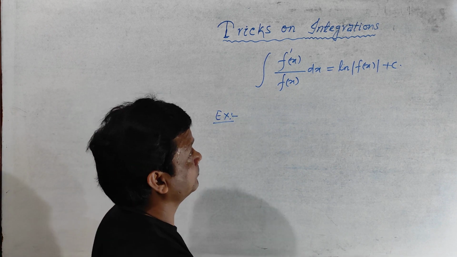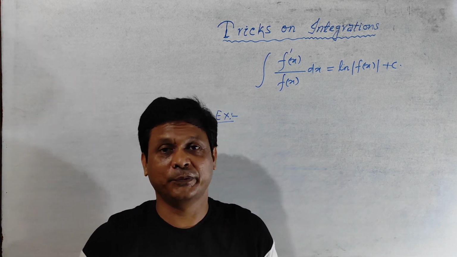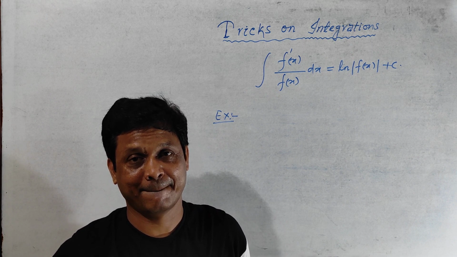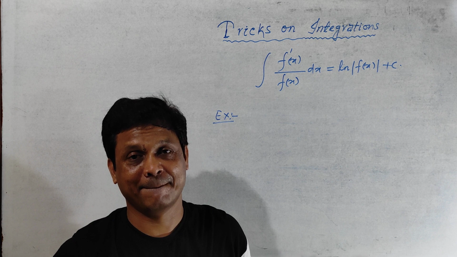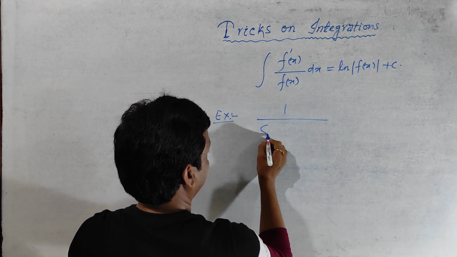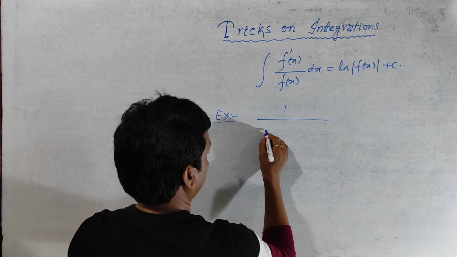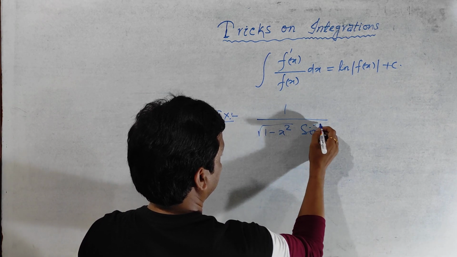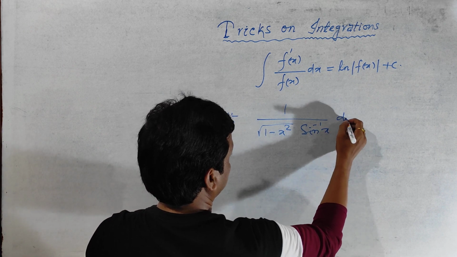Another example. Tell me, what type of example you want? See here. 1 by root over 1 minus x square, into sin inverse x.